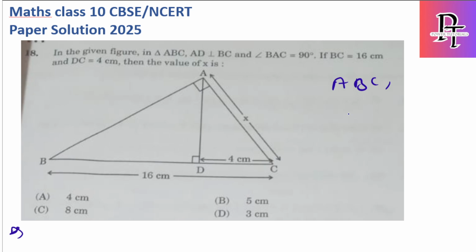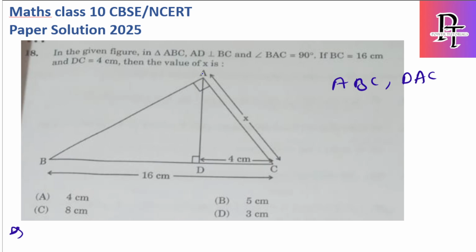Here in triangle ABC, A is 90 degrees, whereas in ADC, D is 90 degrees. So the hypotenuse is BC here, and the hypotenuse is AC there. Let me cross check the 90 degrees.